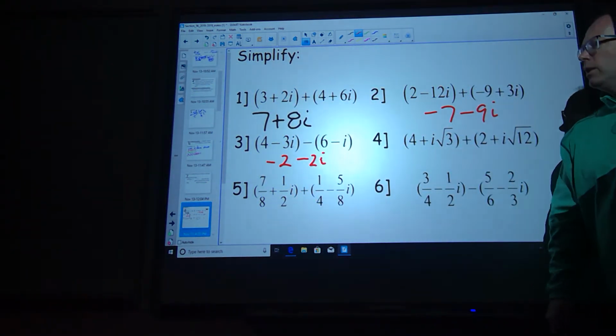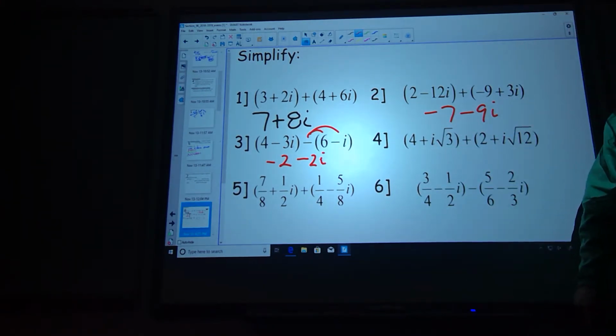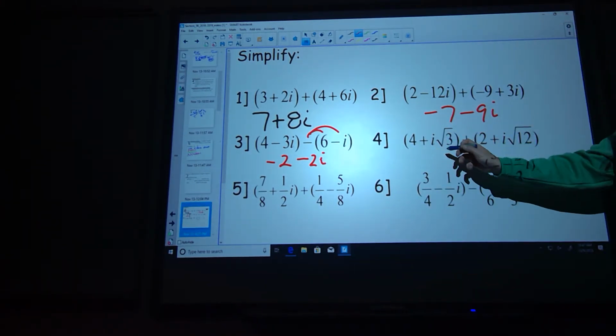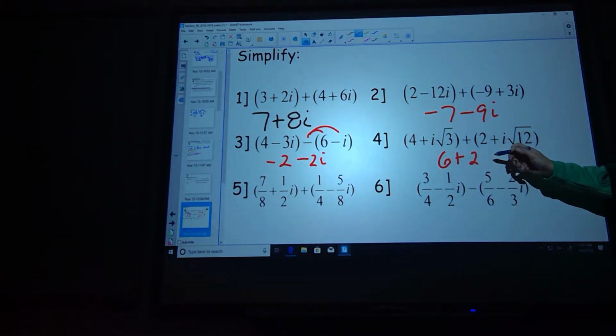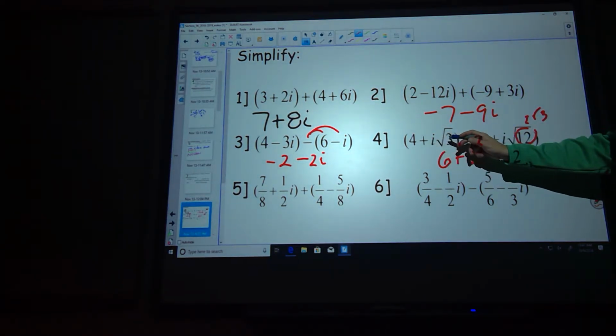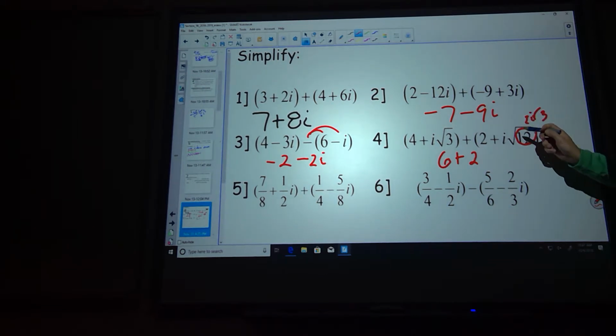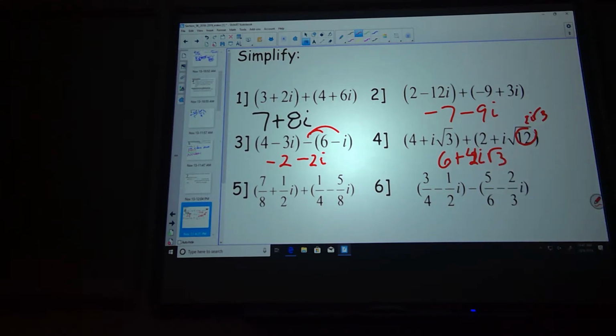Remember, I have to distribute the negative here. Then this one, that's going to give me 6 plus 2. I could break that down to 2 root 3. So then I have 2i root 3 plus i root 3, which is 4i root 3. Again, you're just combining like terms.